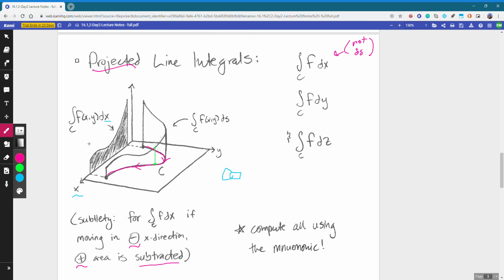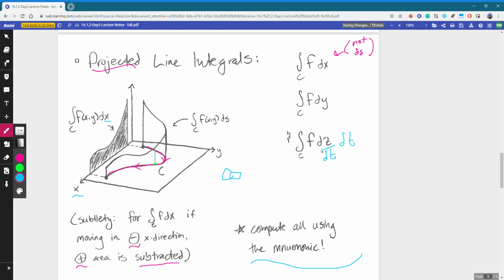This is really the picture I'd like us to have in mind, that these projected line integrals are computing more or less the net area of the shadows of our ribbons. And what's great is that we can translate them all using our mnemonic. So for example, if we were computing this line integral here, dz, and we were wondering how to translate it, we'd use our mnemonic and multiply by 1 over dt.